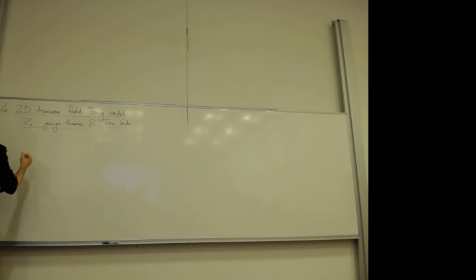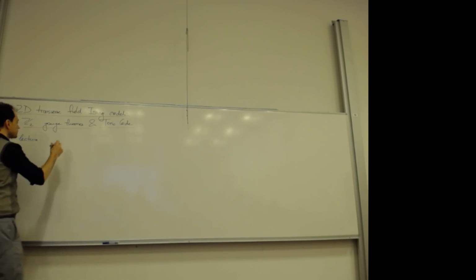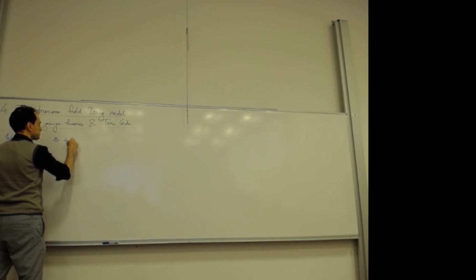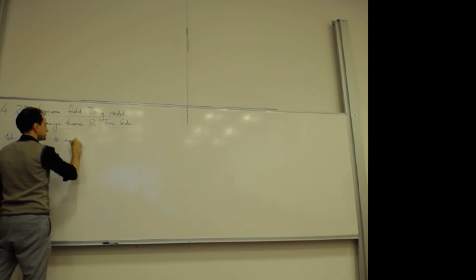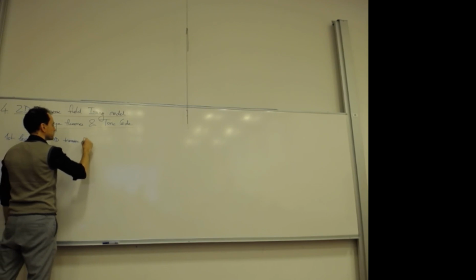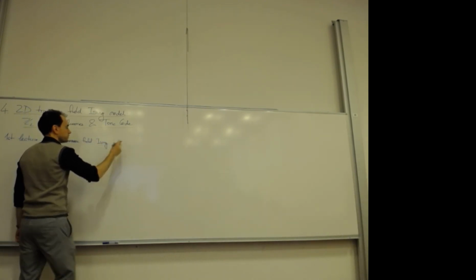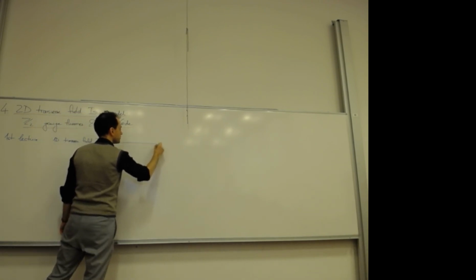So remember, in the first lecture, we had the 1D transverse field Ising model, with the phase diagram looking like so.